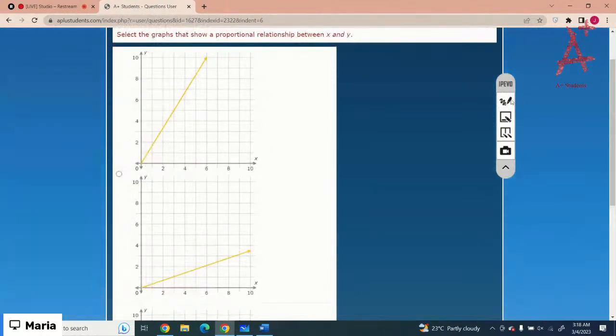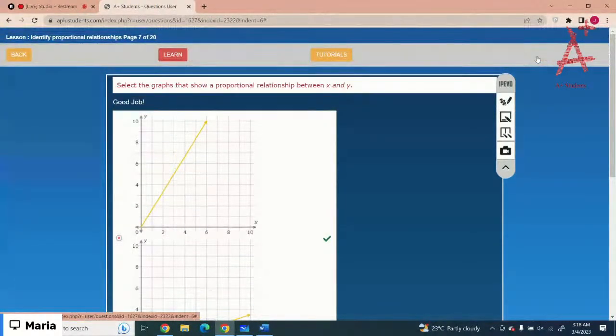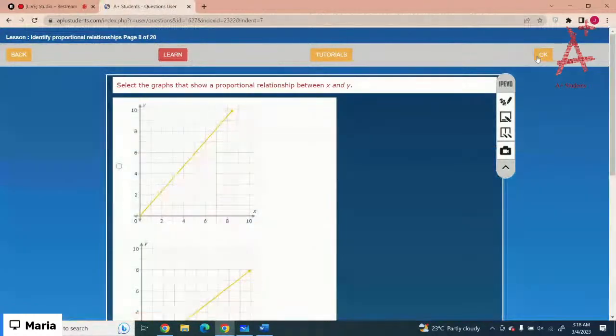So, option number one is the correct option. Select the graph that shows the proportional relationship between x and y. So, which is the correct option? Option number one or option number two?